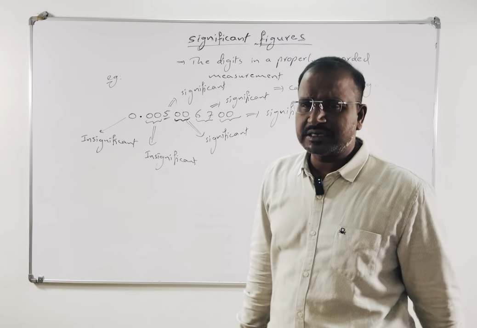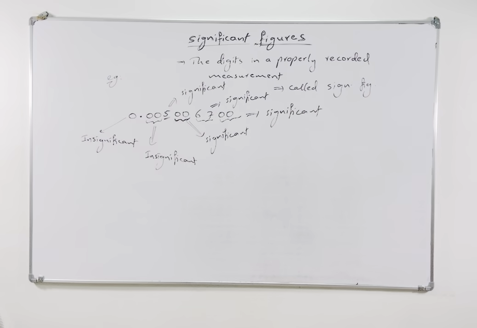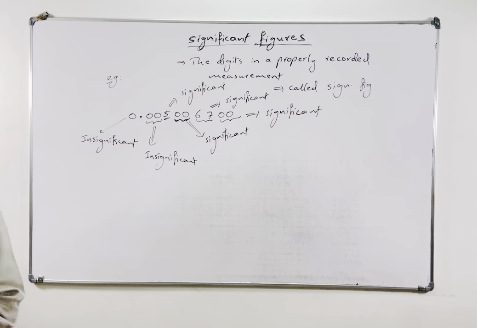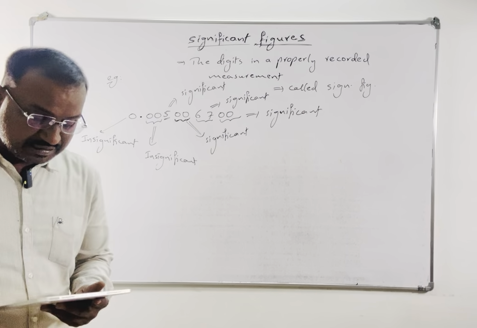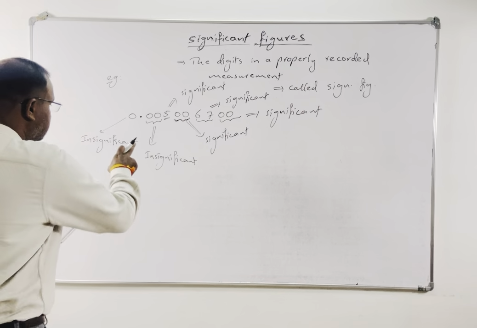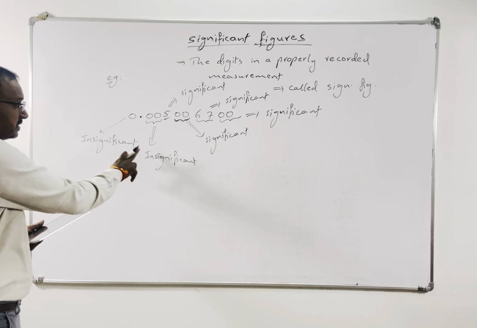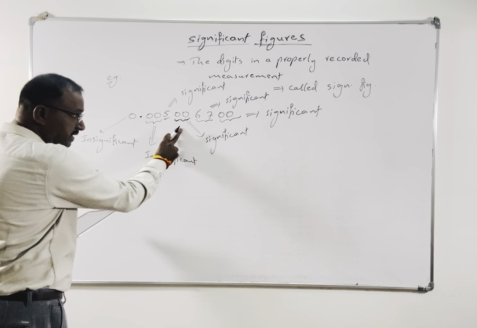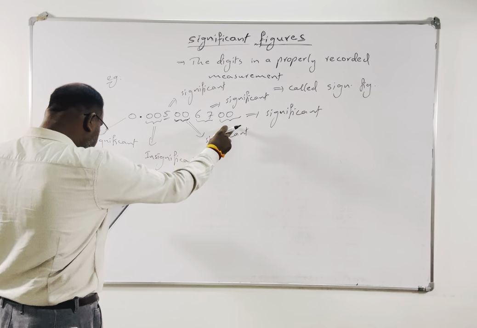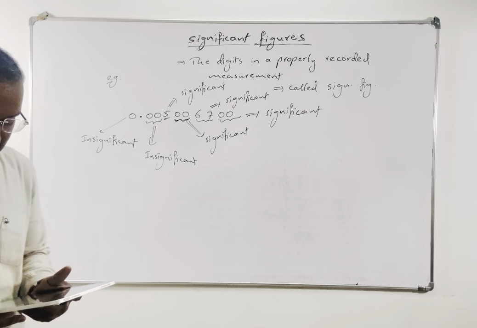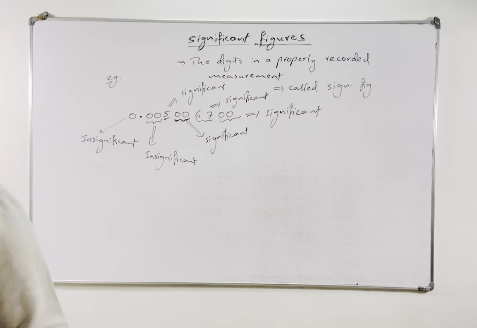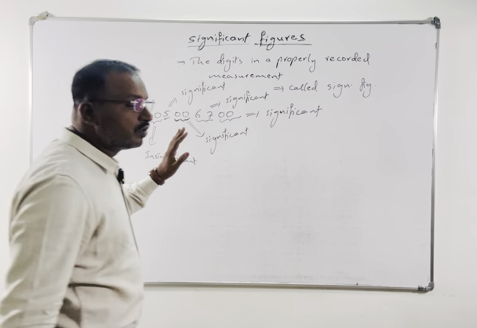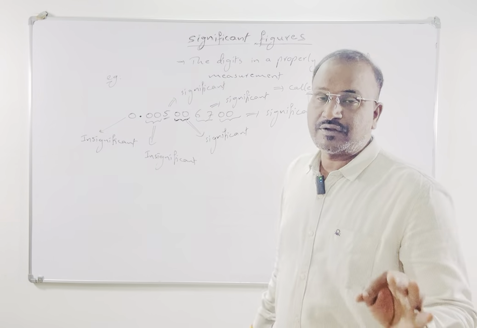Because these are present after non-zero digits. If zeros are there after non-zero digits, definitely they are significant. So here this is insignificant, this is insignificant, but this is significant, this is significant, and all these are significant. So this example is more than enough to identify significant figures.